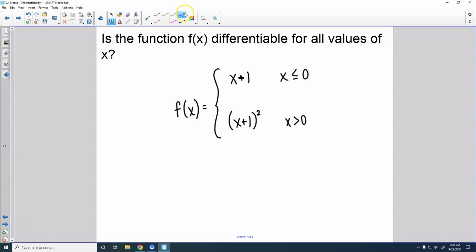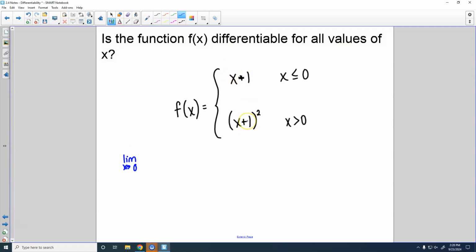So to do continuity, what do we need to do? From both sides, all right? So we would say the limit as x approaches 0. Actually, first of all, this is for all values of x, but what's the only one we really care about? 0. This is just a line.